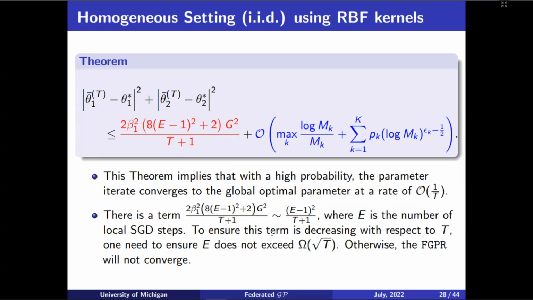In other words, to ensure that this term is decreasing with respect to T, we need to make sure the number of local steps E does not exceed the square root of T, which means we cannot run too many steps on each local device. Otherwise, the FGPR will not converge.